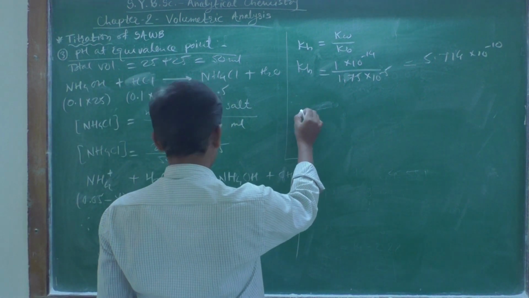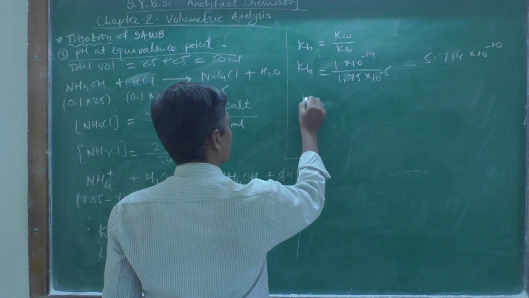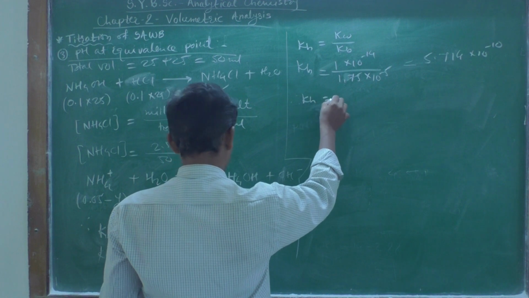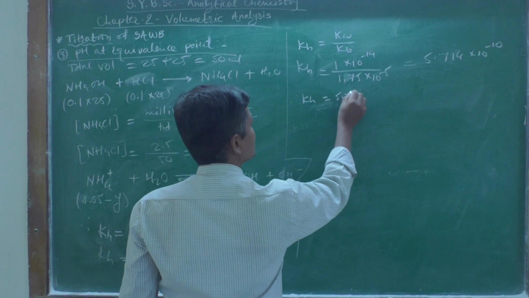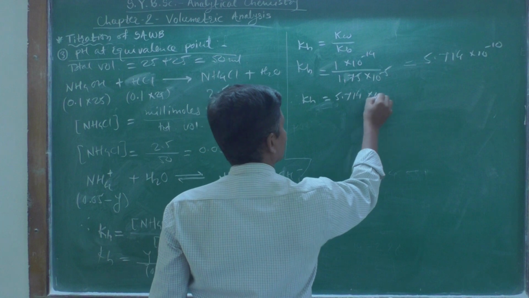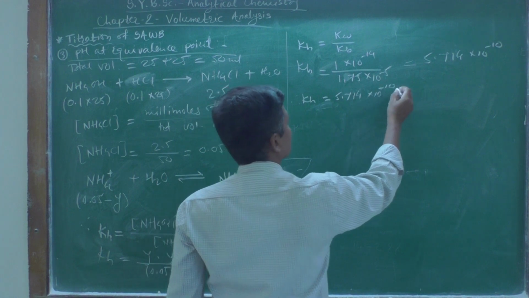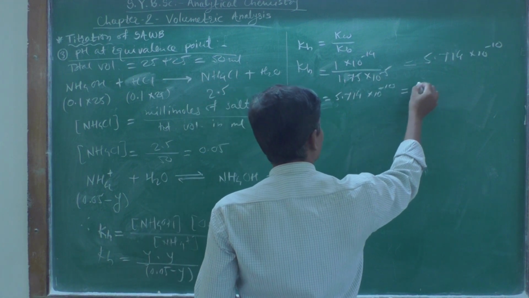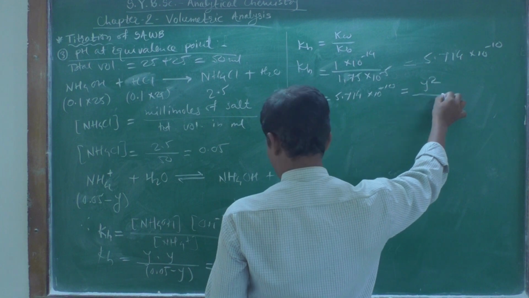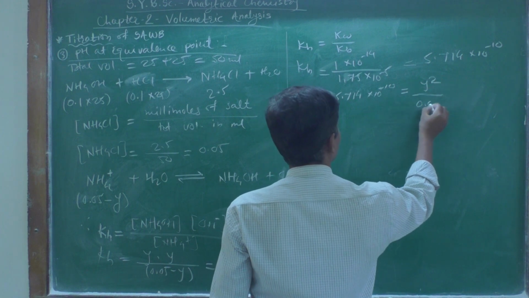Now my equation becomes, K_H is equal to 5.714 into 10 raised to minus 10, is equal to y square divided by 0.05.